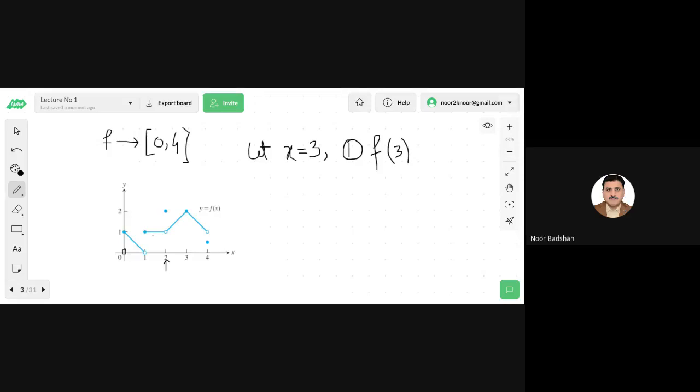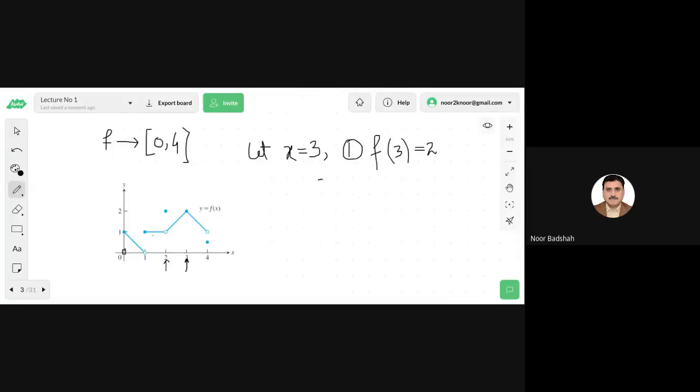You see, I'm talking about this point 3 here. Now if I draw a vertical line here, the value at 3 is 2. The value is 2 because at this point we do not have a hole. The value at this point is the same as this one, so that's why we have 2.